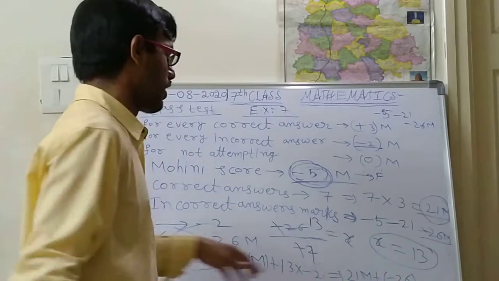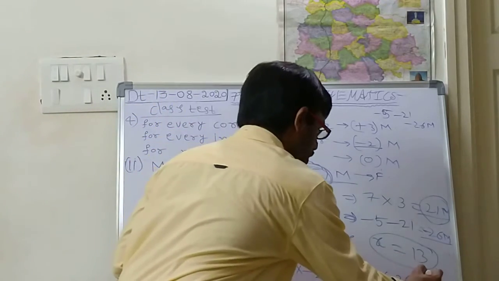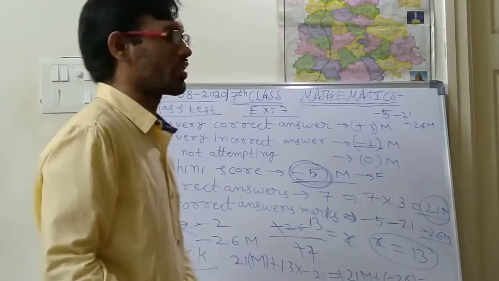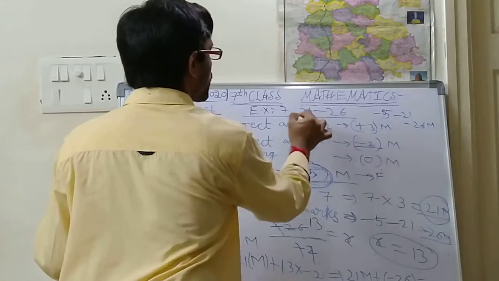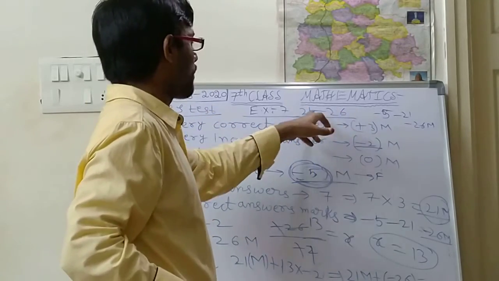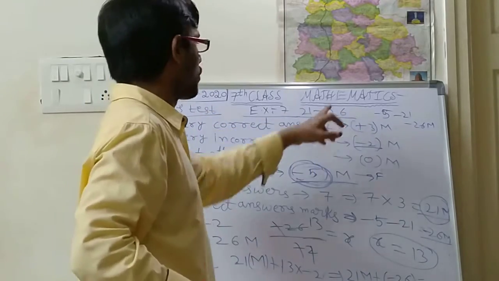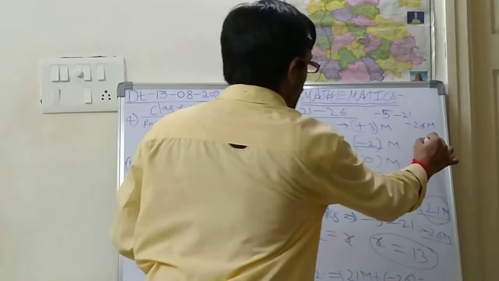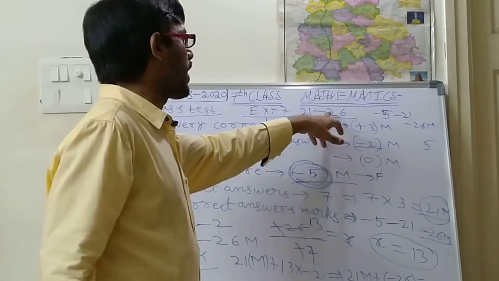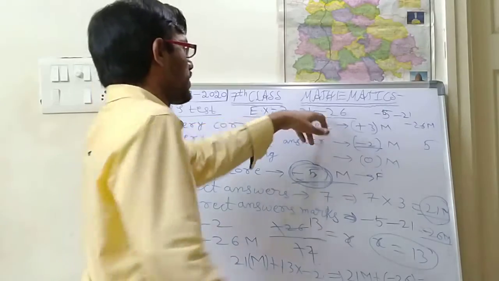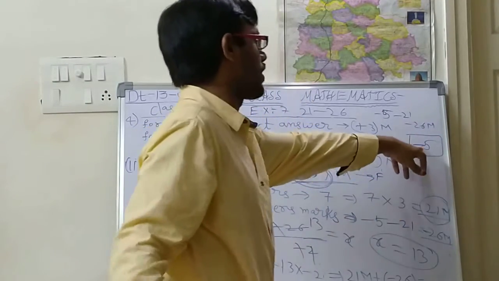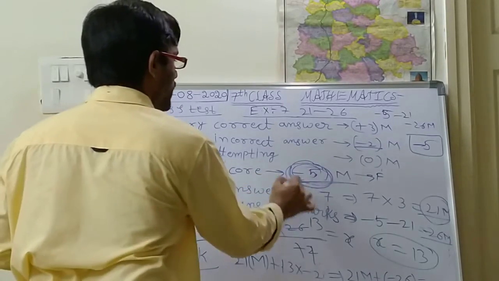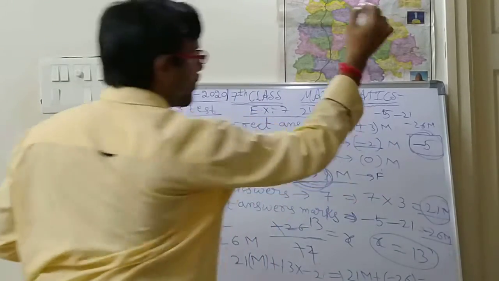So 21 minus 26. First do the subtraction between 26 and 21. 26 minus 21 is 5 only. But for the bigger number, which sign is there? Minus sign is there. So keep the minus symbol. So what is the answer? Minus 5. So minus 5 is the total score of Mohini.